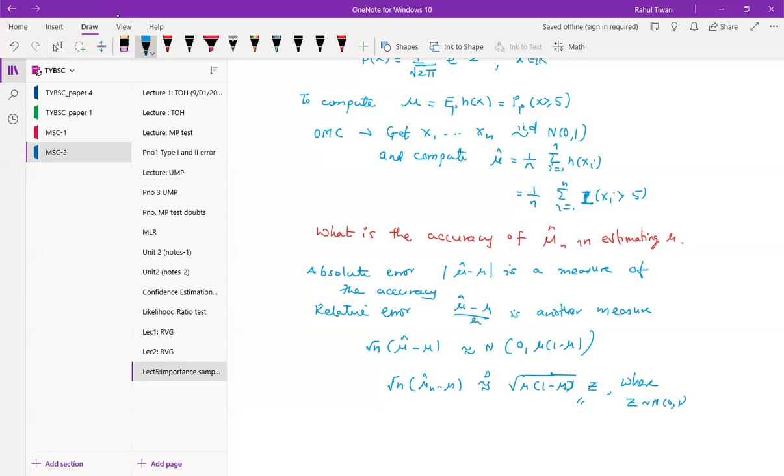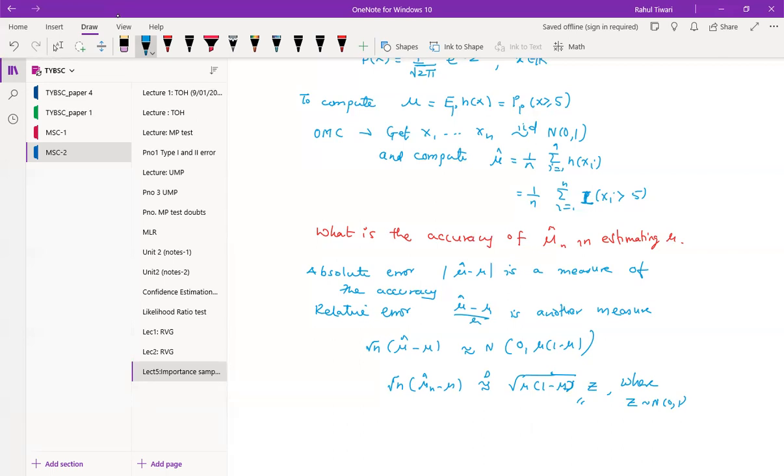But remember, when mu is equal to 1, then this quantity becomes 0. If mu is very close to 1, that means we have higher accuracy, because the variance is 0. Getting the point?